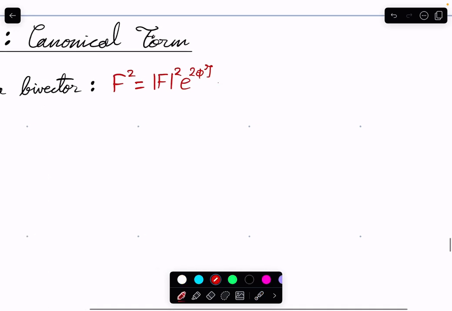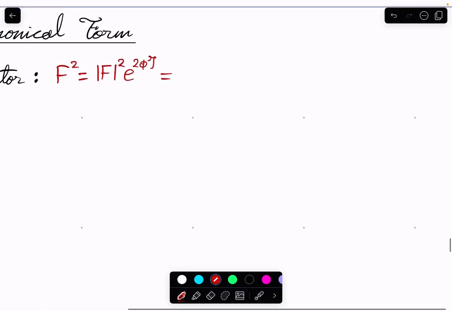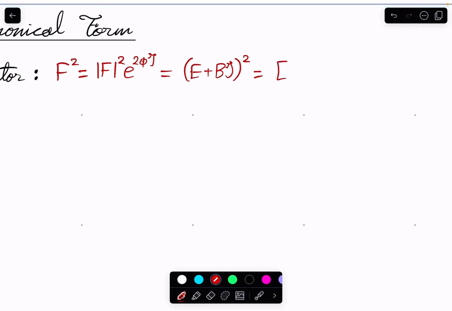That can be expanded like this as well, (E plus bI) squared, which will just give E squared minus B squared plus 2 E dot B I.